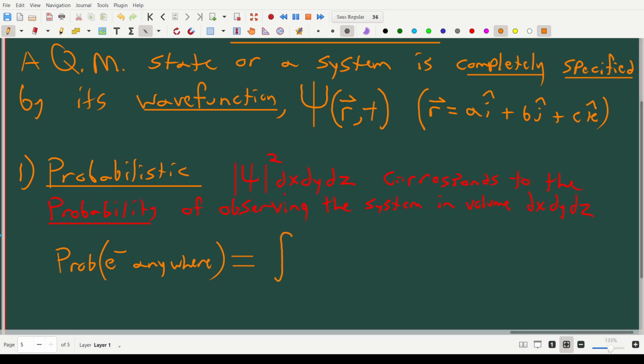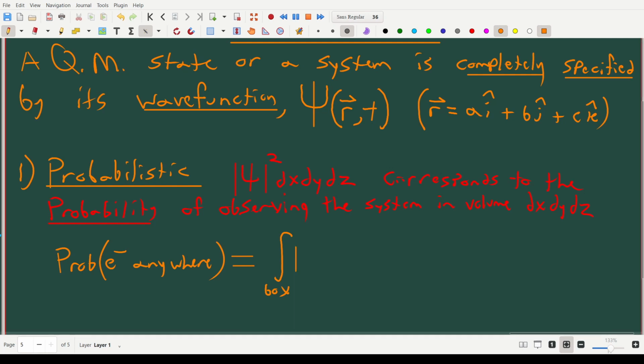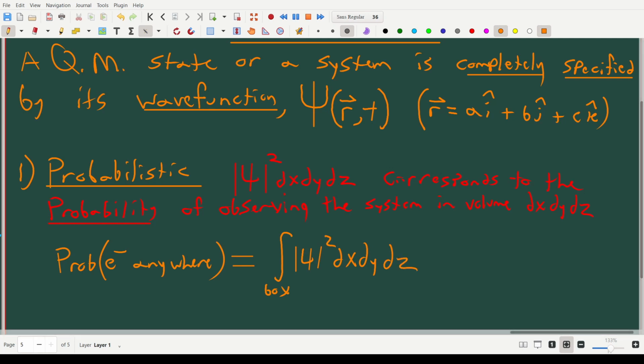So we're going to integrate over the box or space or whatever of psi squared dx, dy, dz. We're going to integrate that function over the entire box, and that'll give us the probability of finding the particle anywhere.